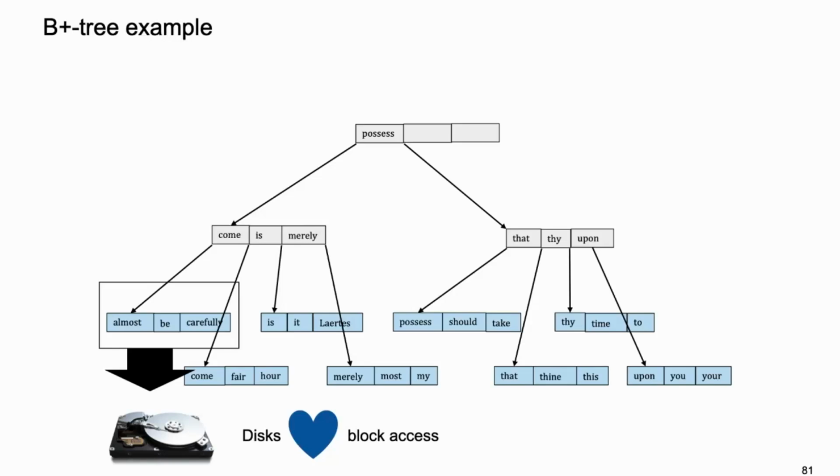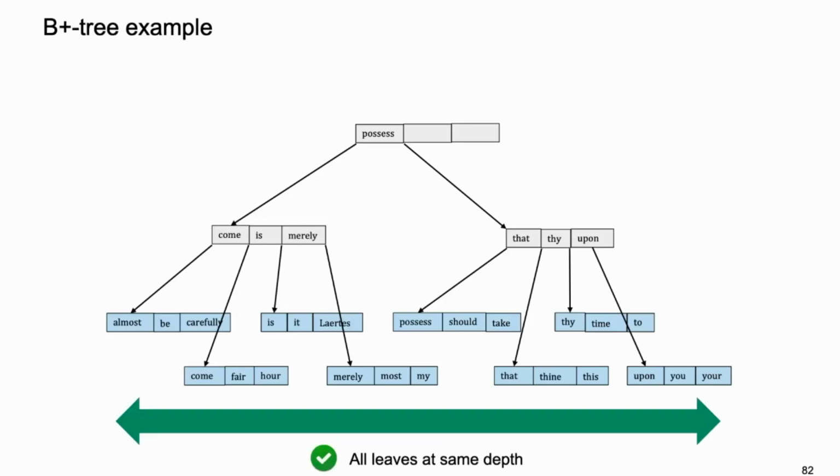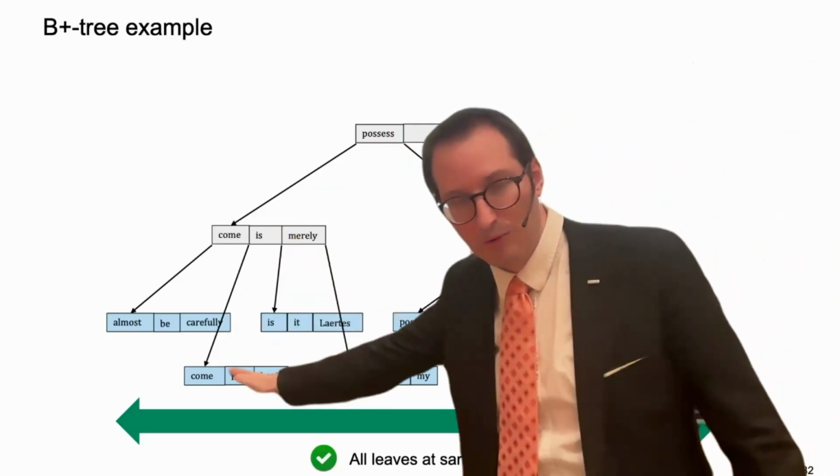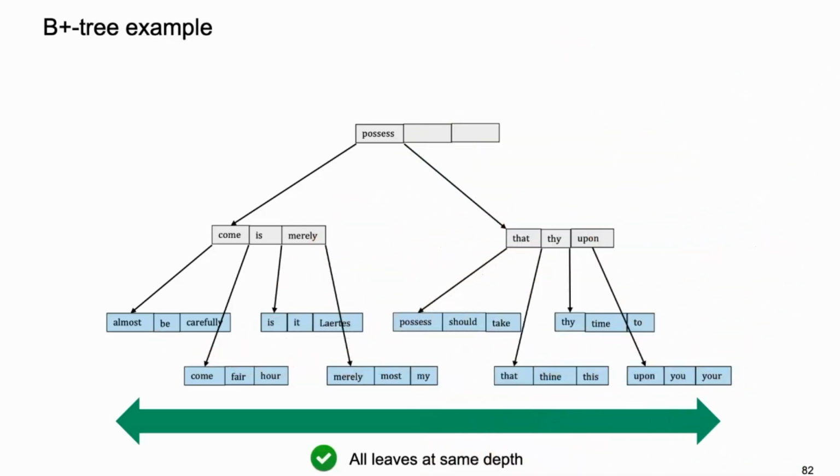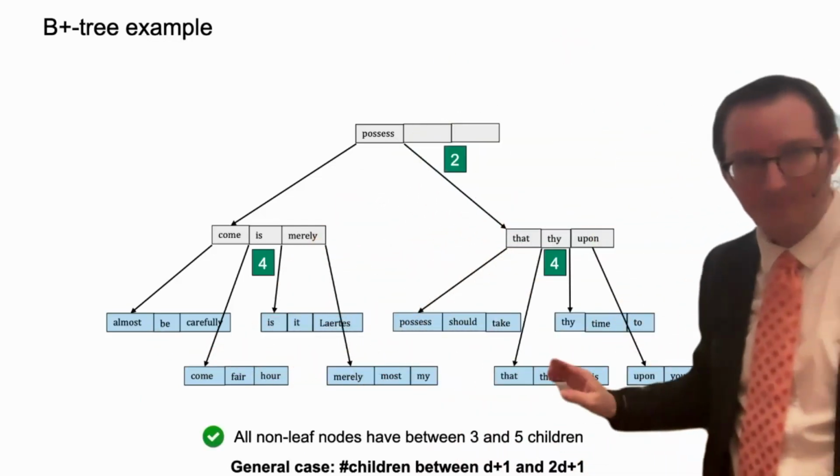The principles are the same, but the conventions can be different. So I'm going to take a few conventions to explain them. But basically, the idea is that all the leaves have to be at the same depth. So here it's exactly 1, 2, 3 levels in total, so the depth of 2 here. All the leaves must be at the same depth.